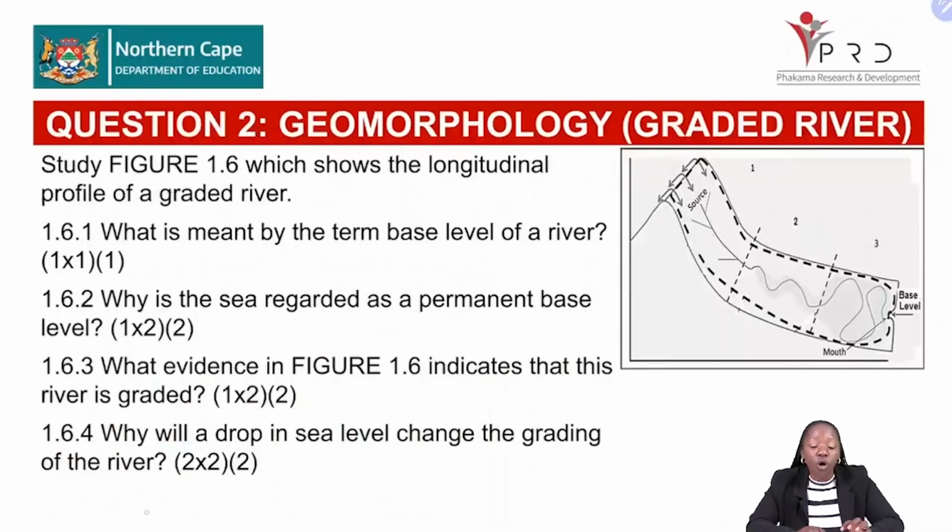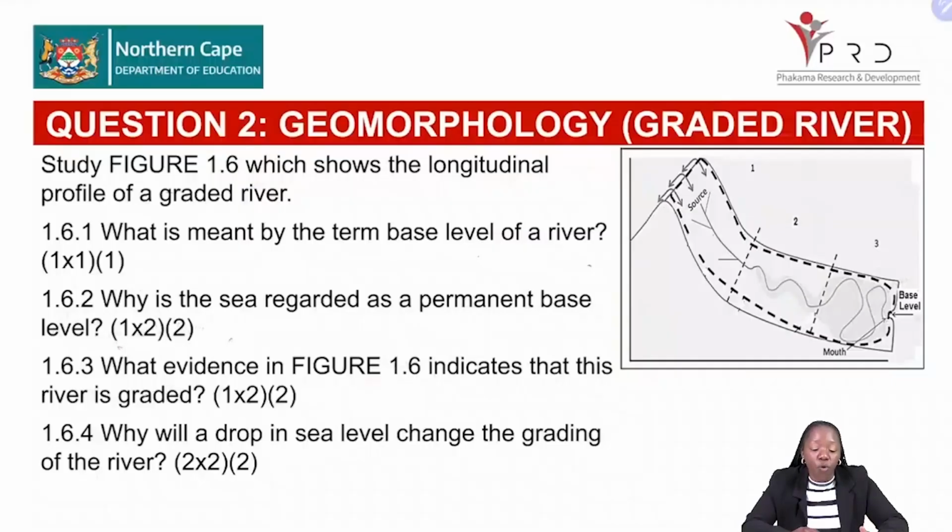The first question, what is meant by the term base level of a river, 1 times 1? As you can see, there is a base level, so it is giving you some of the clues. Then number 2, why is the sea regarded as a permanent base level? 1 times 2, meaning you need to give a full answer. Remember, there is a permanent and there is a temporary.